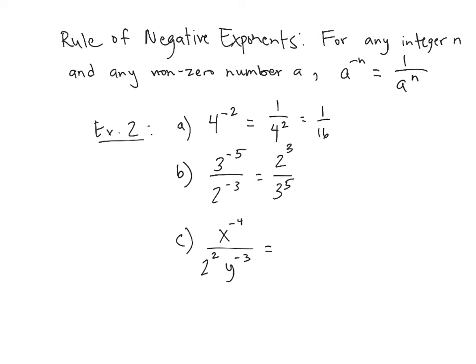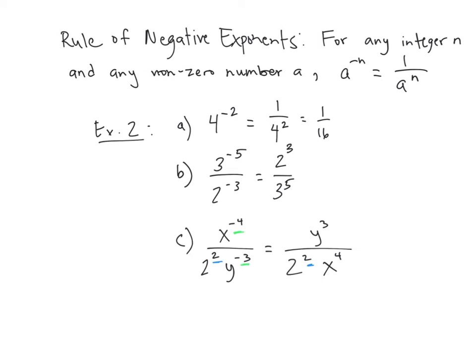For this one, I have two of the exponents that are negative, the negative 4 and the negative 3, and one of the exponents that's positive, the 2. So I'm going to leave that positive as is. Positive exponents, I don't move. It's just the negative exponent rule. If it's a negative, then it moves. So x to the negative 4, that's negative. It's in the top, so it's going to move to the bottom and become positive. Y to the negative 3, that's a negative in the bottom. It's going to move to the top and become positive.